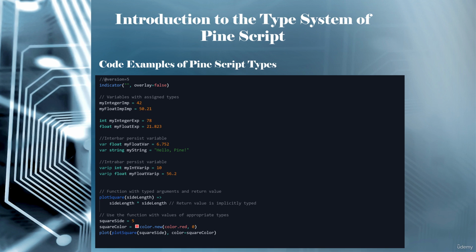In PineScript, types are like labels for values. Whether it's a number or text or something else, each value has its own tag. PineScript adds a twist with qualifiers, deciding if a value stays put or changes during the script.